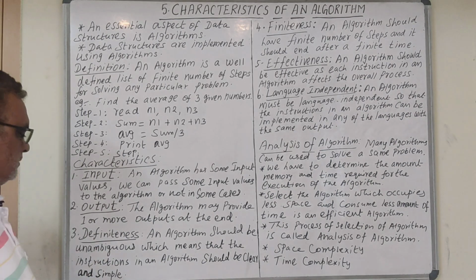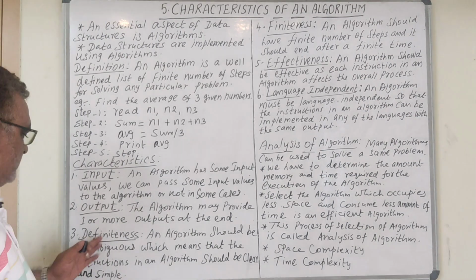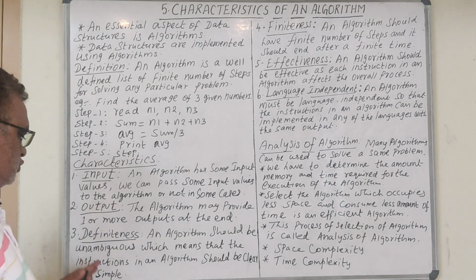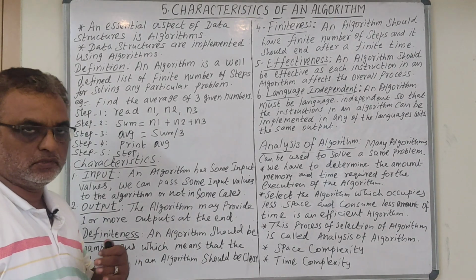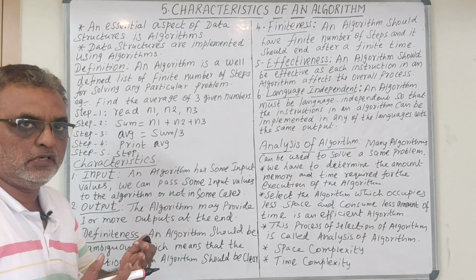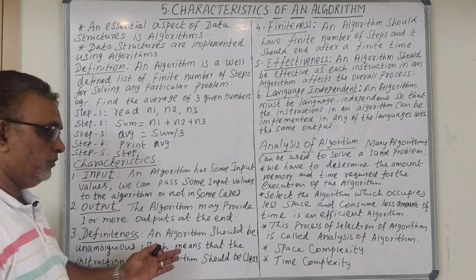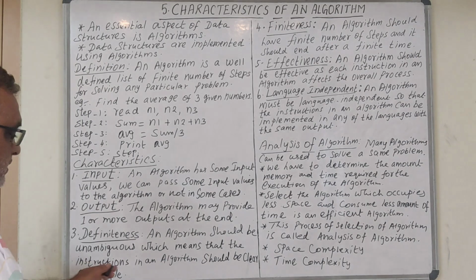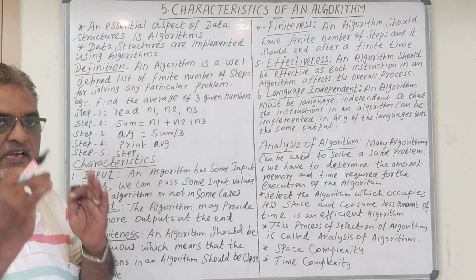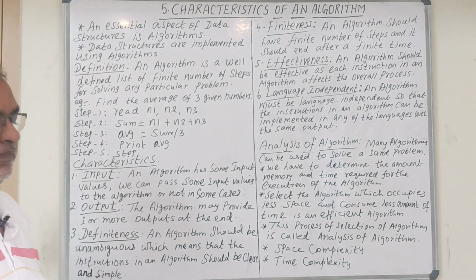The third characteristic is definiteness. An algorithm should be unambiguous. So that means it should not have multiple meanings, which means that the instructions in an algorithm should be clear and simple.